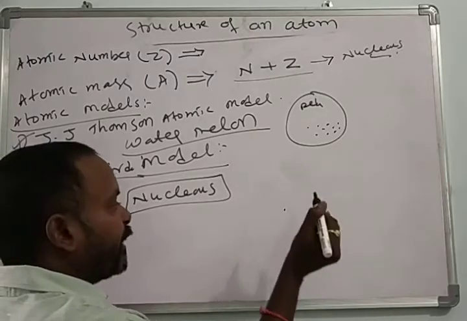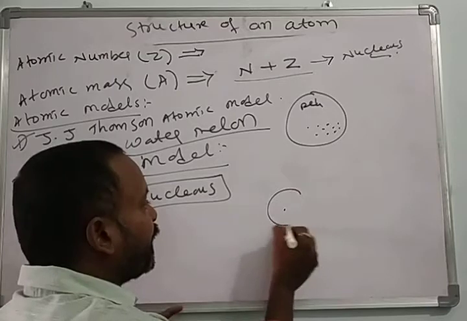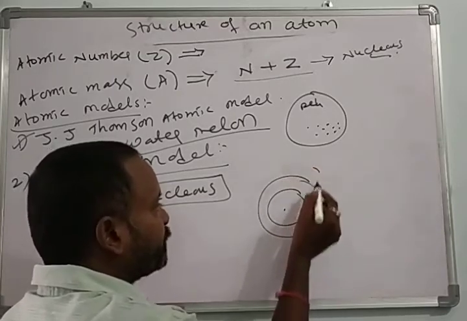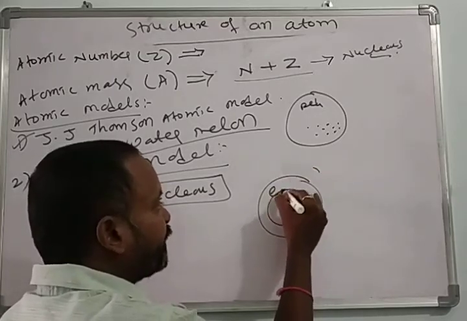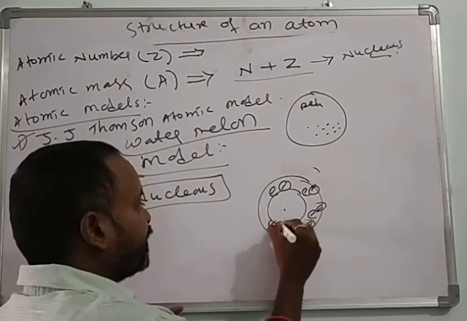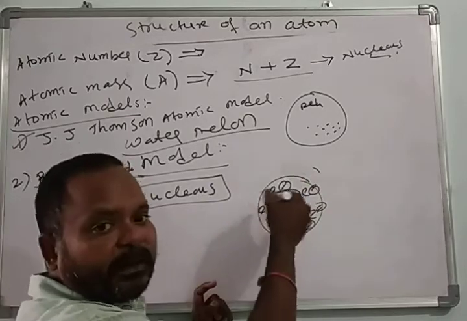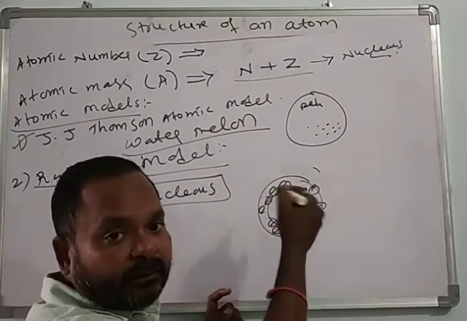Around the nucleus we have empty space. In this empty space, electrons always revolve around the nucleus.